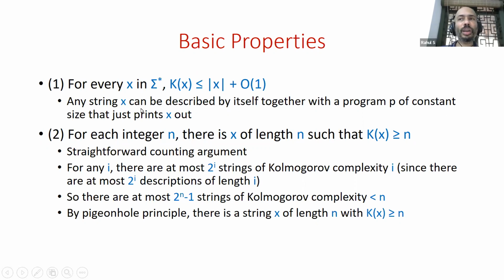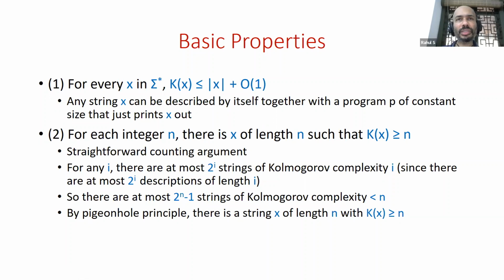And then the code of a program just copies x from the input tape to the output tape and outputs it. So any string x can be described by x itself because the program just prints x out. And so the total length of the description will be size of x plus order 1. So every string x has Kolmogorov complexity at most size of x plus order 1.